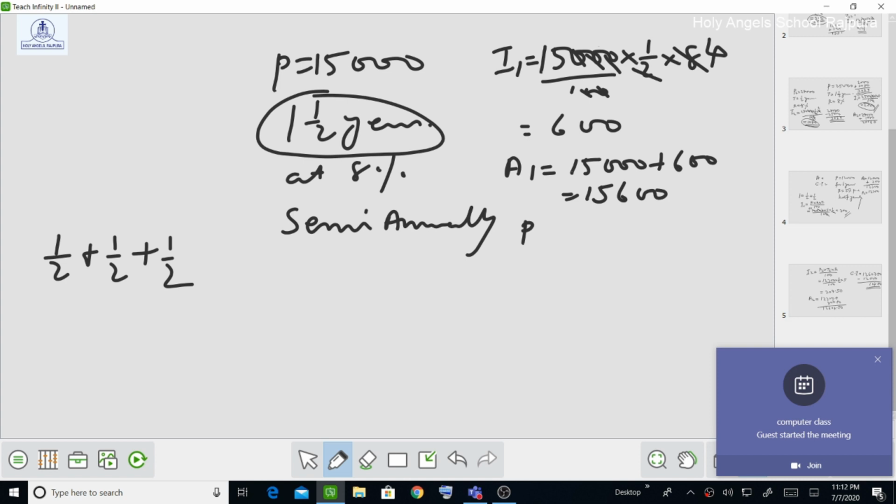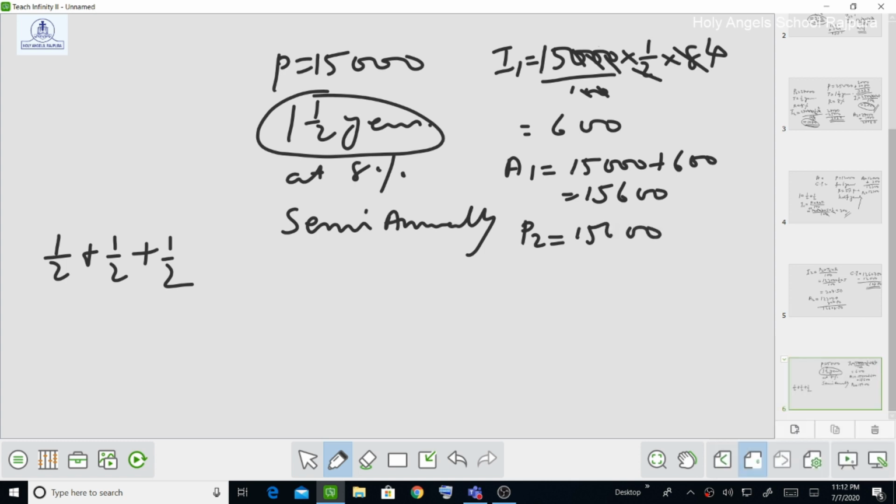This becomes P2. P2 is equal to 15,600. Now I2 is equal to 15,600 into half into 8 upon 100. Half into 15,600, 2 zeros cancel.